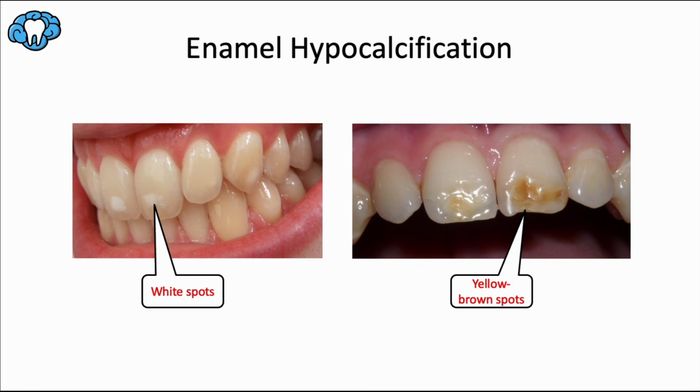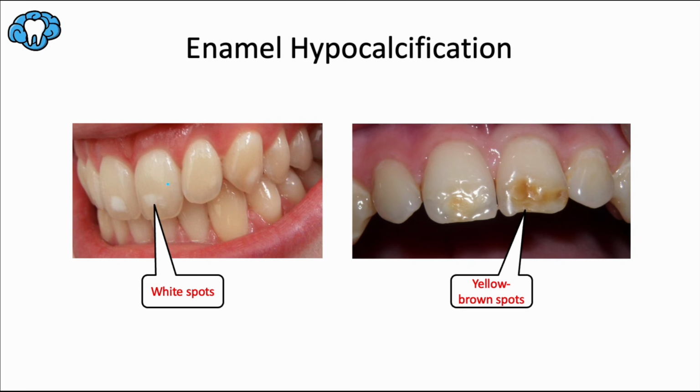All right, the next three conditions are going to be affecting the enamel layer, and they go from mild to moderate to severe in terms of their effect on enamel structure. Enamel hypocalcification refers to an abnormal mineralization that happens pretty late in tooth development, so the ultimate effect is relatively minor and usually only cosmetic.